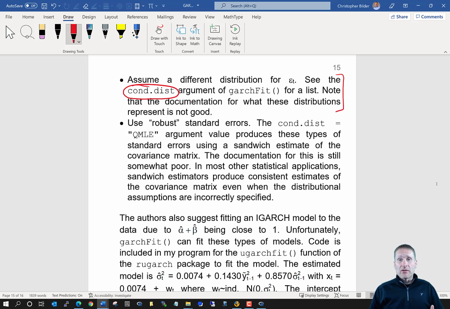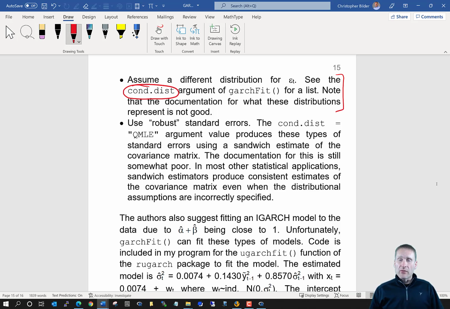The name sandwich is associated with the fact that you have your covariance matrix, and you pre- and post-multiply by the same matrix. What that will do is correct your standard errors, which may be incorrect because of this distributional assumption.